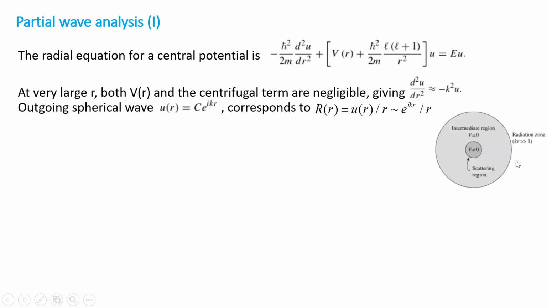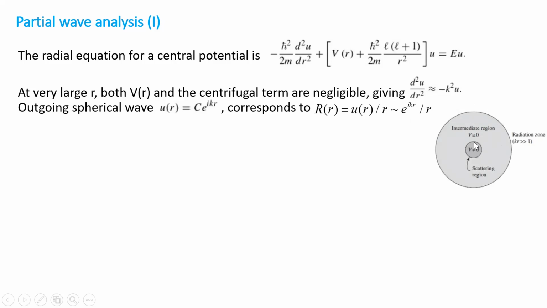Okay, so we can take a look here. We've just been looking at what we call the radiation zone, which is outside of the intermediate region. In the intermediate region, the centrifugal term still holds some influence, but we assume the potential in the intermediate region can be taken to be zero.